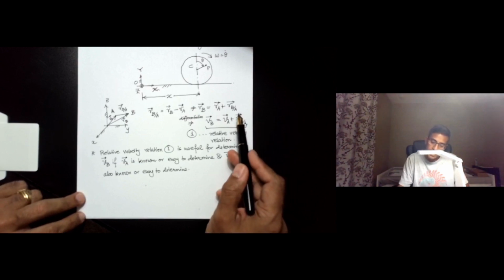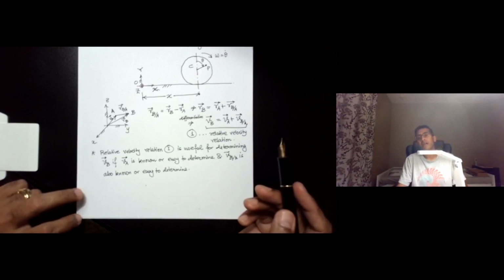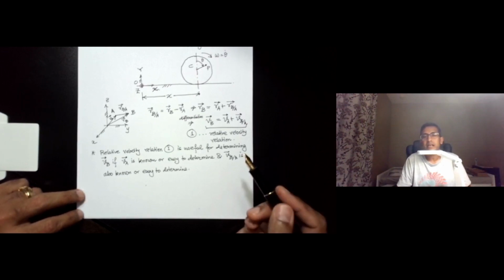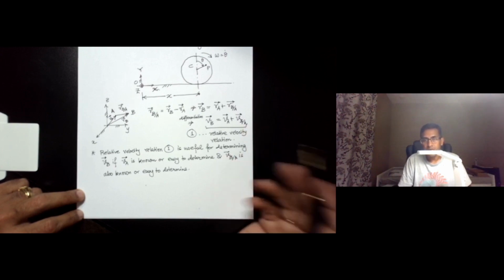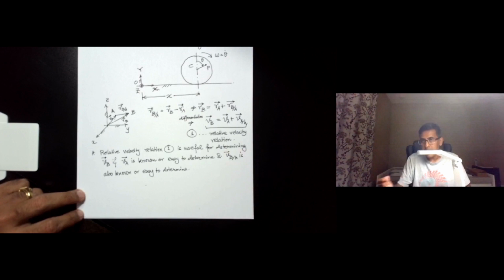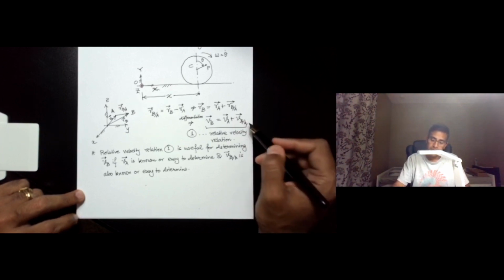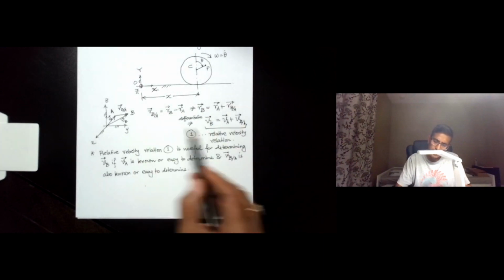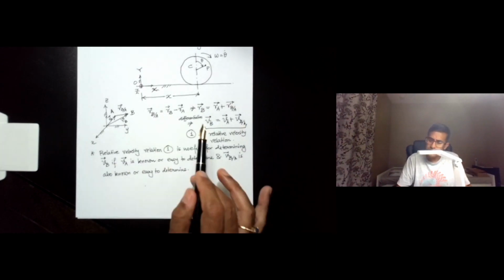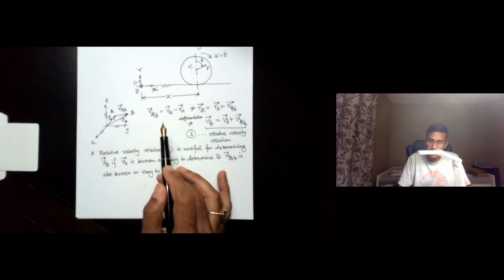Now, this relative velocity being easy to determine is, in many cases, easy if the points B and A are on the same rigid body. So if B and A are on the same rigid body, then often we find that there is a specific formulation of the velocity of B with respect to A. Note that here, when we have given these relations, we have not imposed anything on the points A and B. A and B could be any points or any particles.